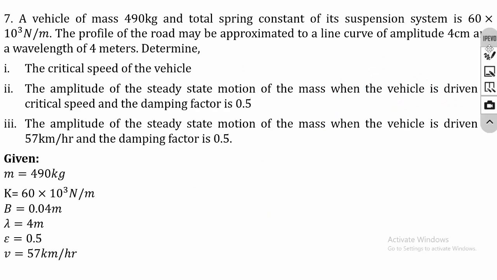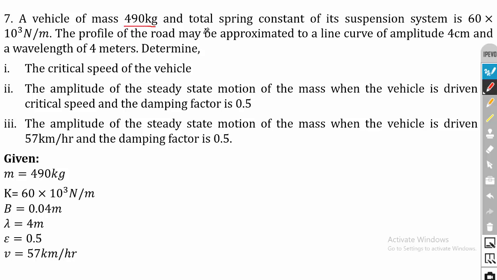Now we'll move into the problem. A vehicle of mass 490 kg and total spring constant of its suspension system is 60 into 10 power 3 Newton per meter. The profile of the road may be approximated to a sine curve of amplitude 4 centimeter.